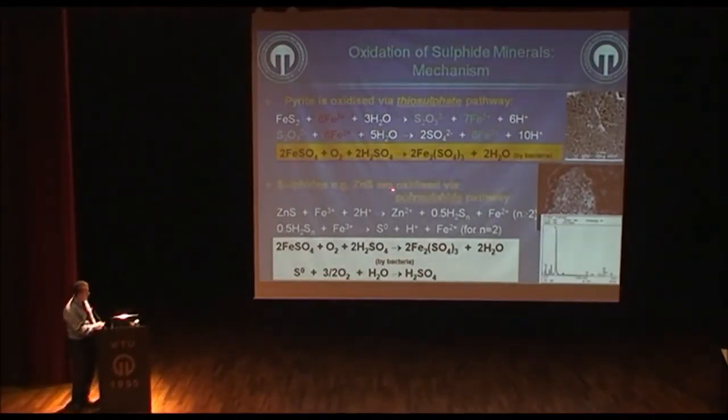And sulfides like sphalerite are oxidized, as shown here, in these reactions. And we see the elemental sulfur formed on the mineral surface. We see from here as well, this particular ore particle was subjected to bio-oxidation, and we see the accumulation of sulfur on the mineral surface. And if there are sulfur oxidizers within the system, this sulfur will be removed from the surface of the mineral.